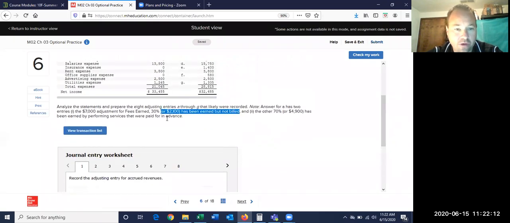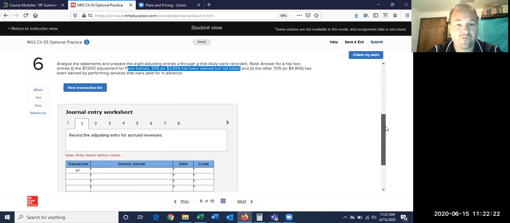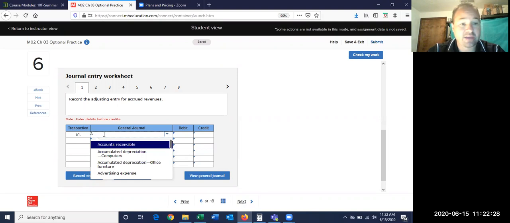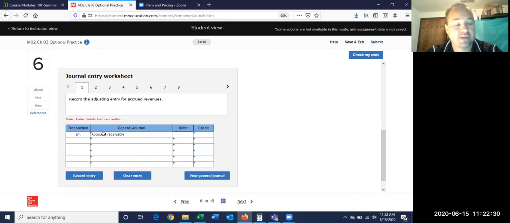Part 1 of A, we're going to do this part first. Out of the 7,000 difference, 2,100 were fees that were earned but not yet actually sent out to the clients. So we need to go ahead and send it out to the clients. We need to do an account receivable for the 2,100. That's a promise to be paid.